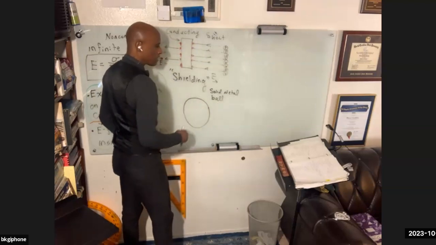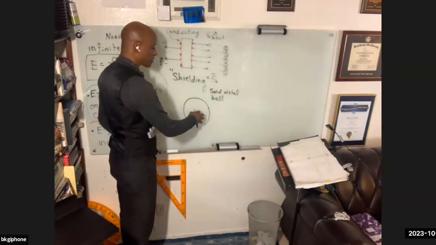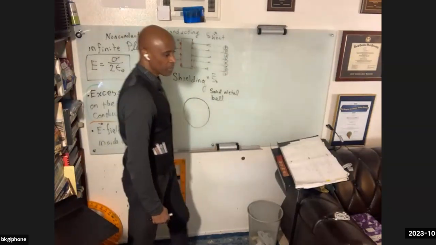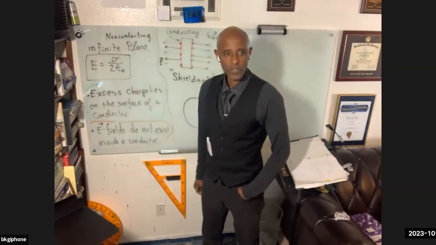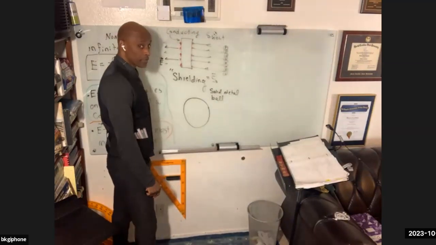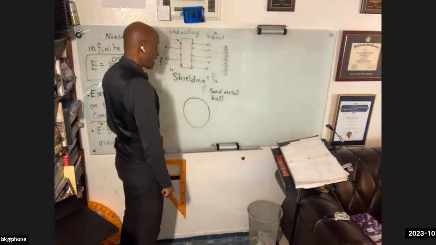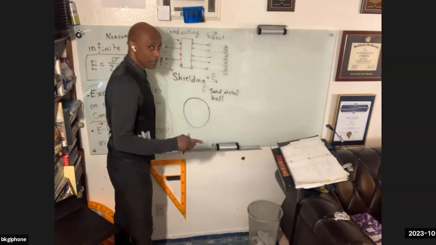We can't talk about rho, volume charge density, because excess charge will never be distributed throughout the volume of the material, because it won't stay there. The charge will only be detected on the surface of the ball, not within the volume of the ball. So whether it's hollow or whether it's solid, it doesn't matter.